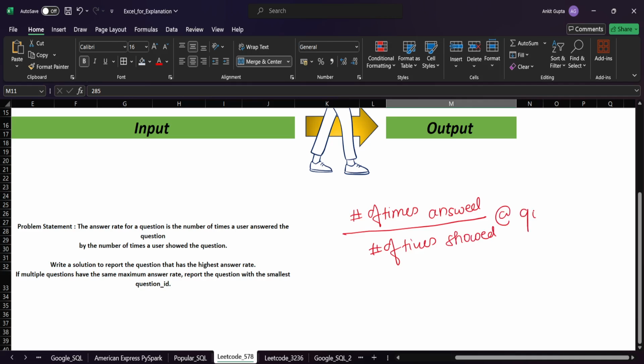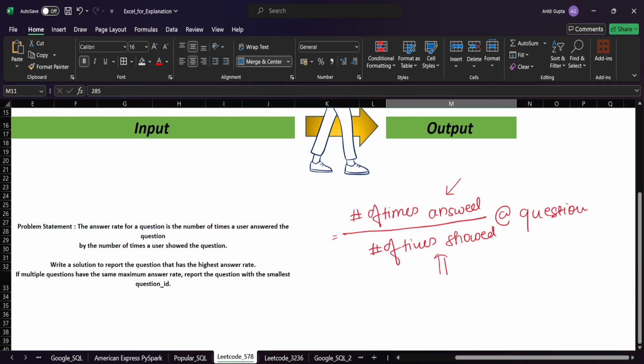We need it at question level. For each and every question, we need the number of times the users have answered the question relative to the number of times they have been shown the question, right? So this ratio is what we need.